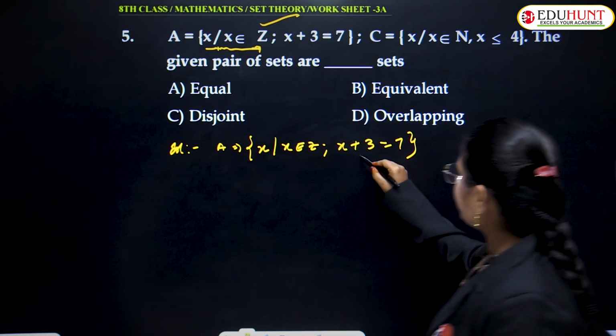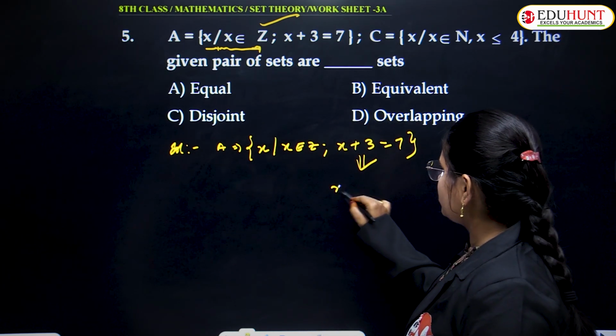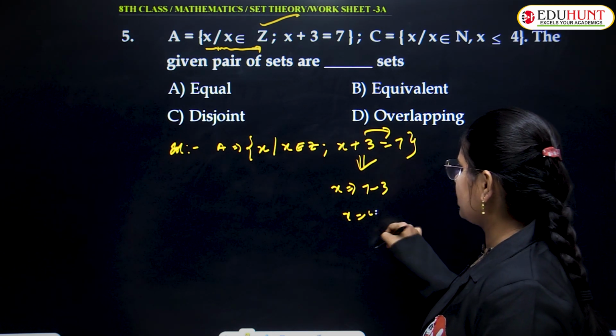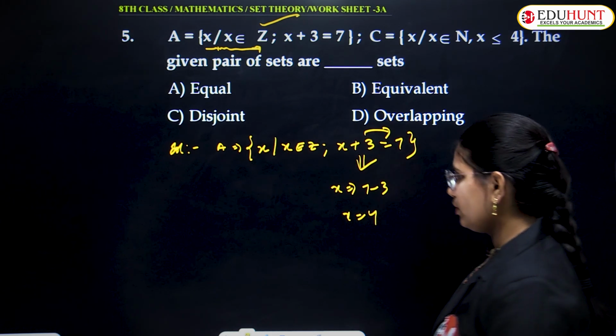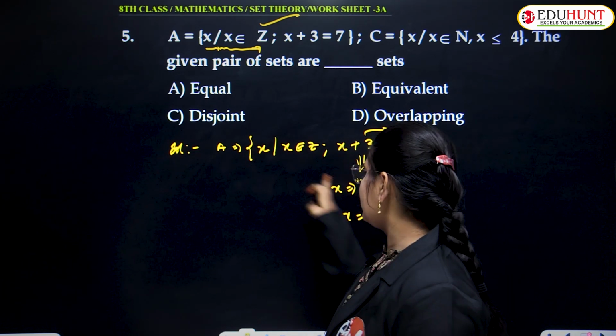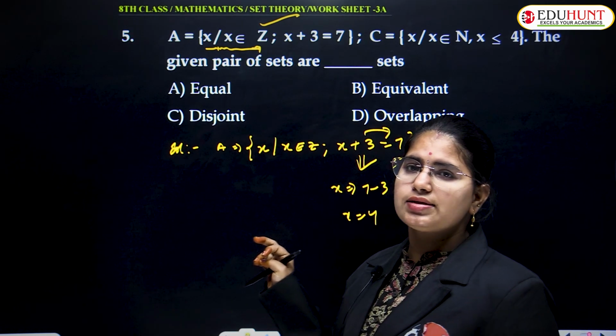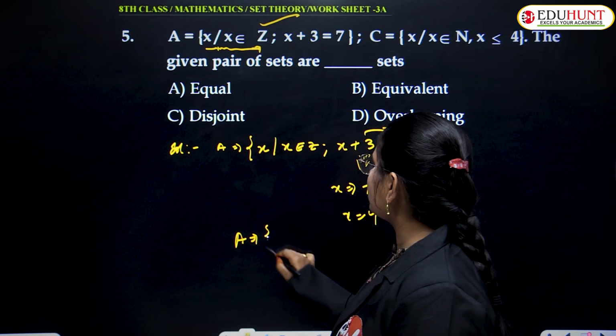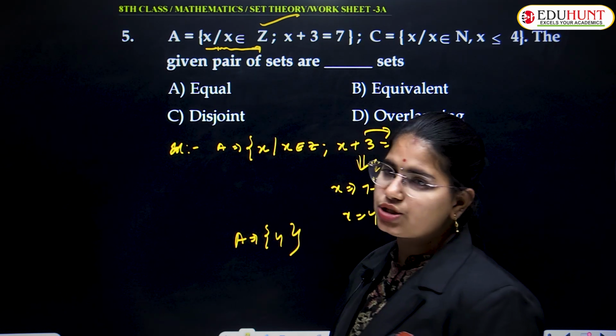So what is the value of X from this? Transpose 3 to that side, it becomes 7 minus 3, so X is equal to 4 over here. X is an integer, X is equal to 4. Of course 4 is an integer. So what is the value of A over here? A is equal to, you have only one element which is 4.